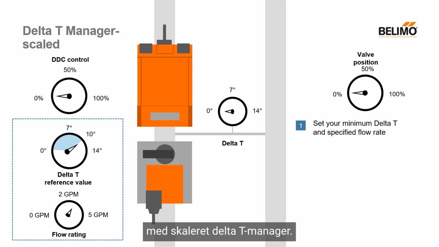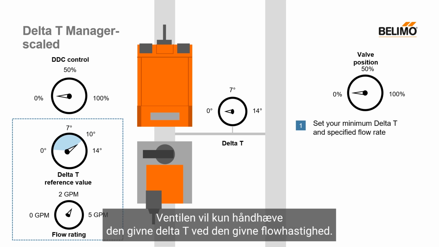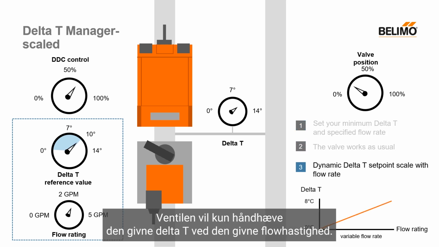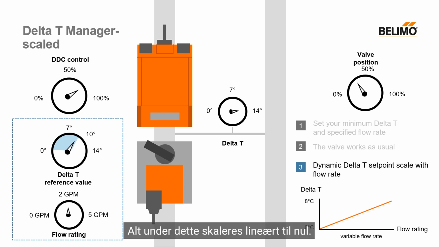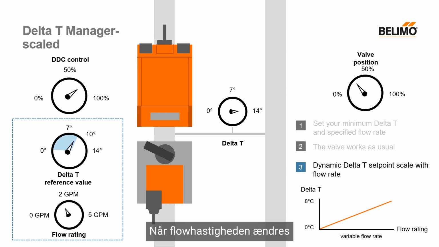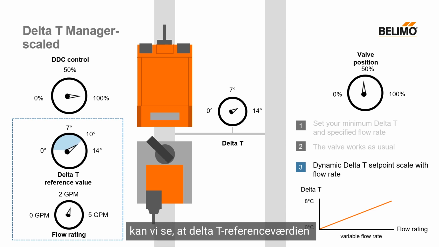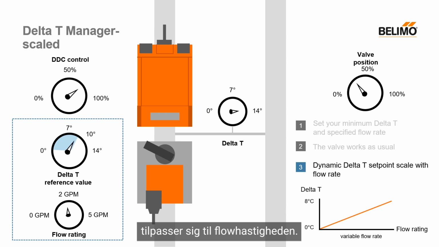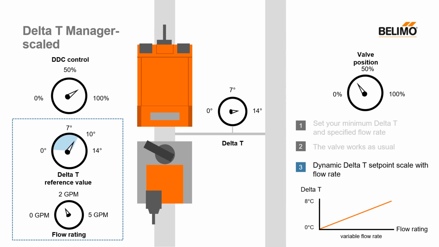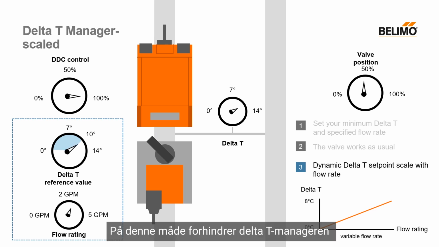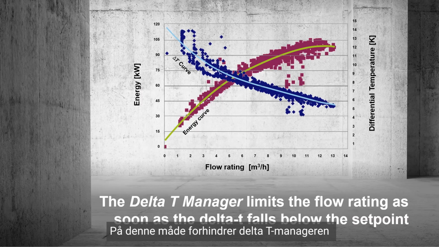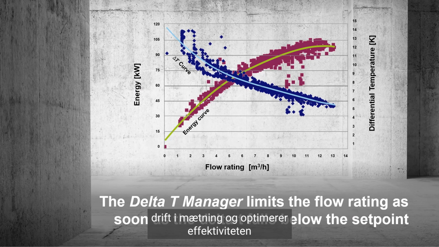With the delta T manager scaled, the valve will only enforce the given delta T at the given flow rate. Everything below this is scaled linearly to 0. When the flow rate changes, we can see that the delta T reference value adapts to the flow rate. In this way, the delta T manager prevents operation in saturation and optimizes the efficiency of your HVAC systems.